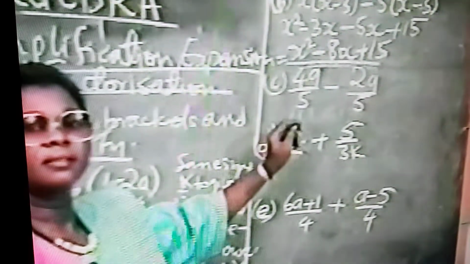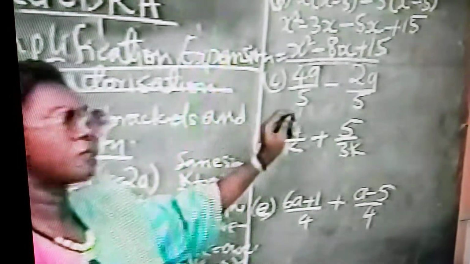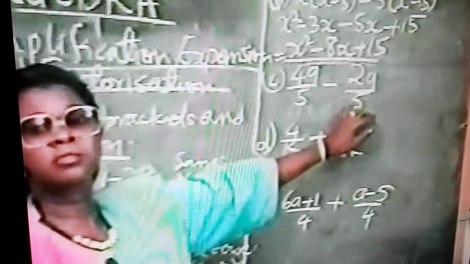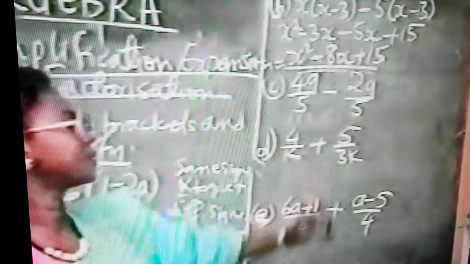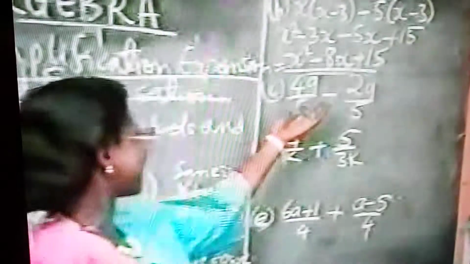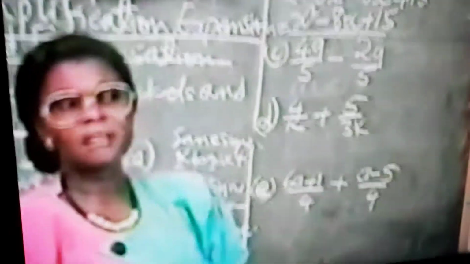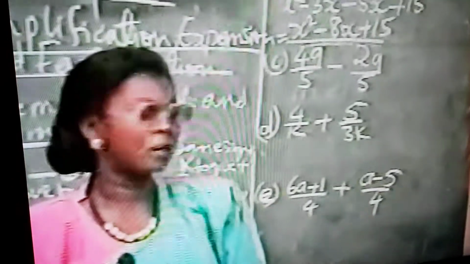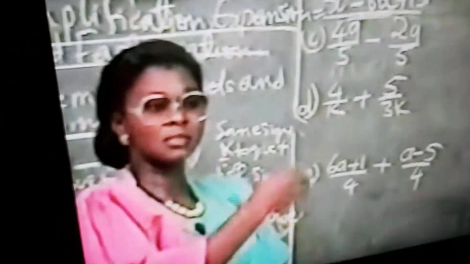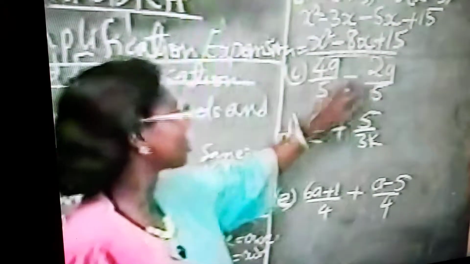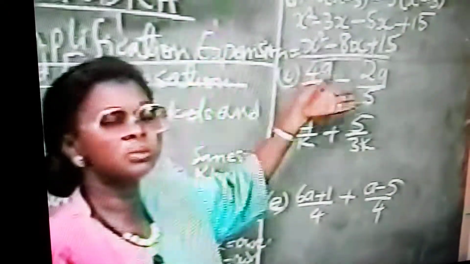Over 5, 4a over 5 minus 2a over 5. Now, this is just like any fraction you can have. If you have 2 over 5 plus 2 over 5, you just add 2 plus 2 over 5. So what you do normally for fractions, you do it here.